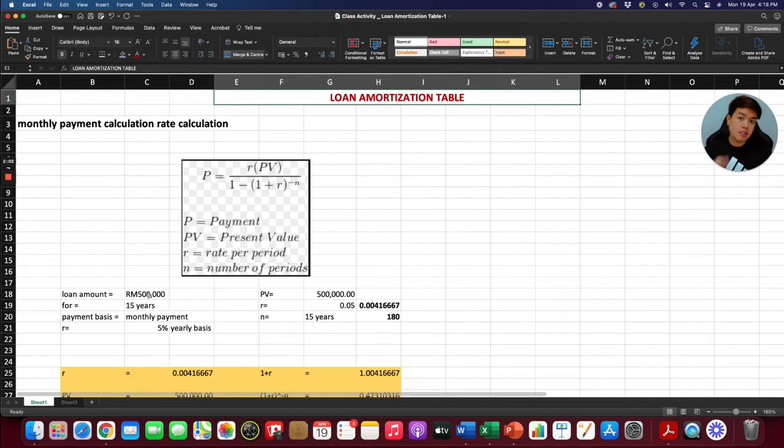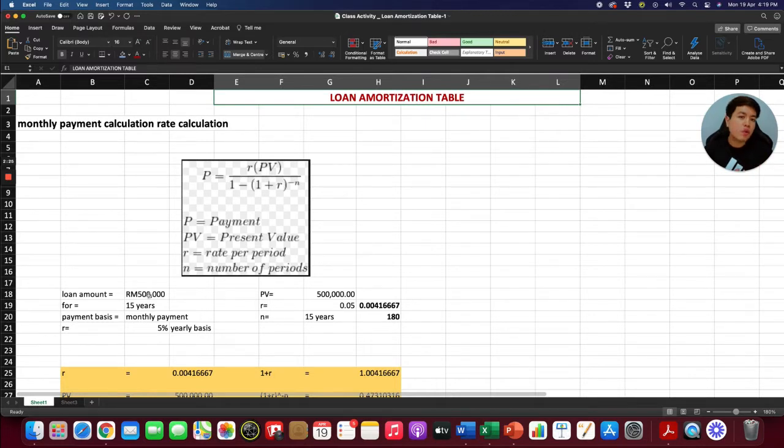Definitely the answer is no, because we know that when we borrow money from the bank, there is interest, all right, there is an interest charge on the loan amount. So definitely at the end of the tenure, at the end of the time, you are basically paying more to the bank.